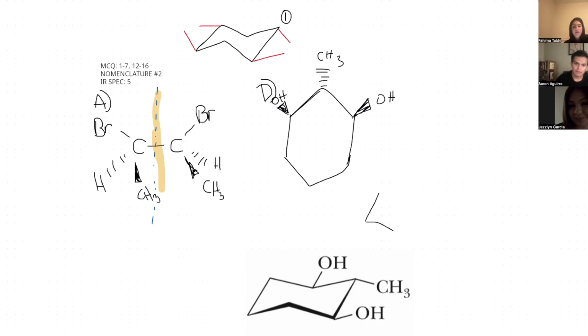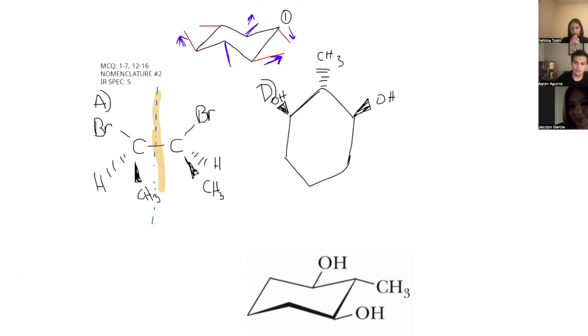And the second one would be the H, and that would be down. So it alternates: this is down, then up, then down, then up again, like that. It's going upwards, so that means it's facing towards you. Got it.